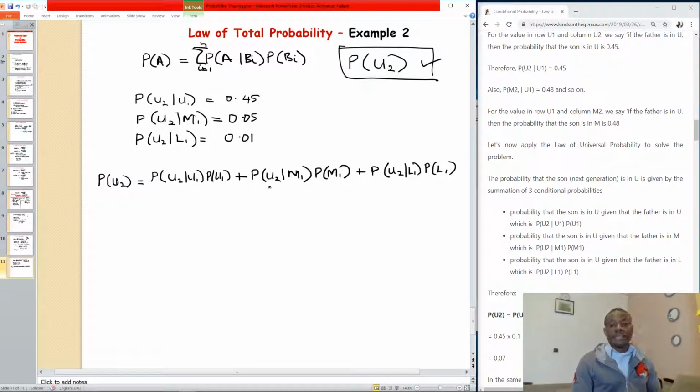So this is the law of total probability. We've stated it in this way, and this is how we are going to get the value for U2.